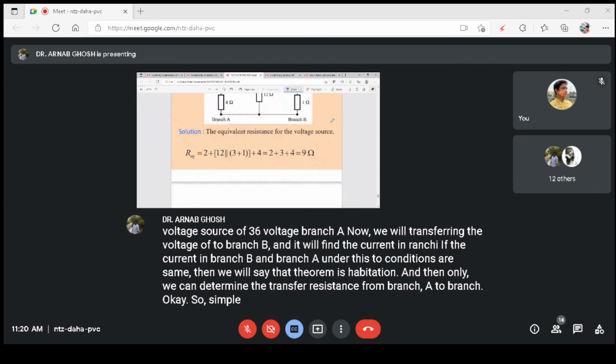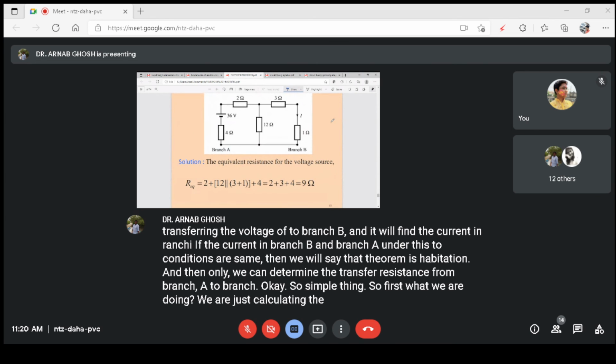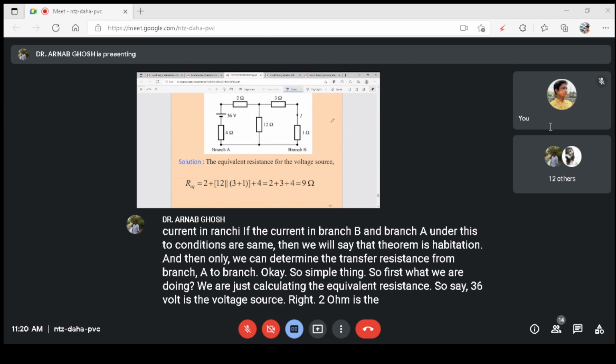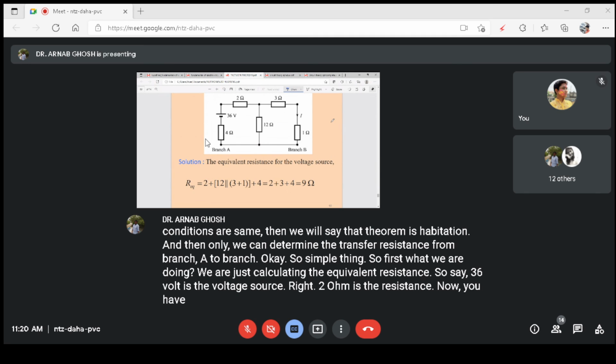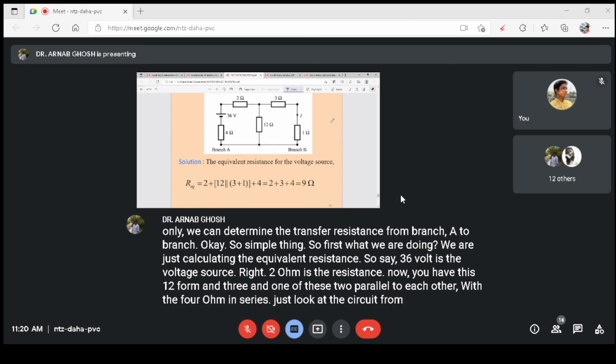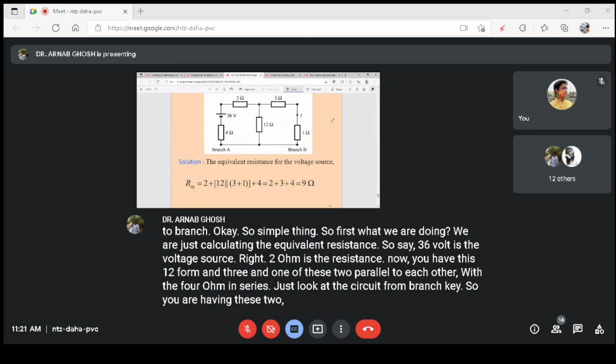So simple thing. First what we are doing, we are just calculating the equivalent resistance. So say 36 volt is the voltage source. You have this 12 ohm and 3 and 1 ohm, these two parallel to each other with the 4 ohm in circuit from branch A. So you are having this 2 ohm, then you are having series.